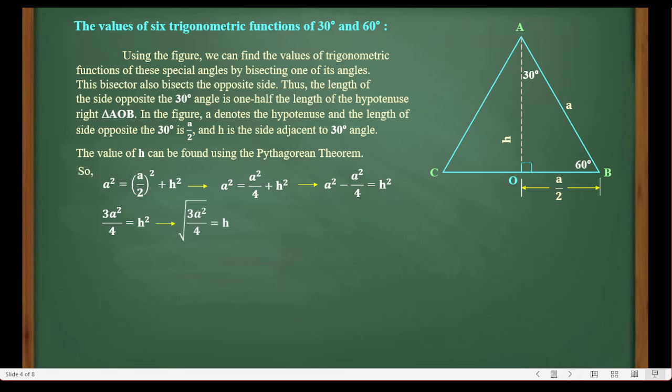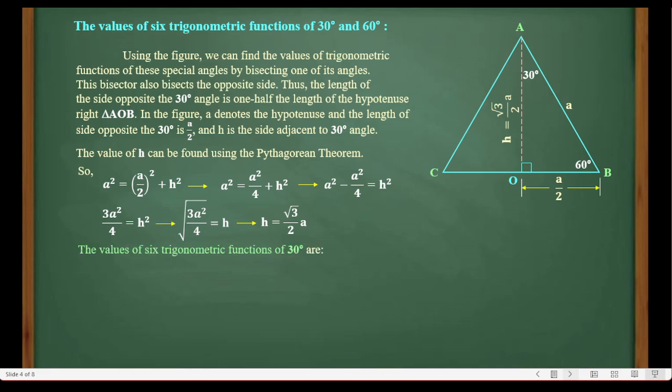And then you get the square root of both sides, so that we can find the length of this side denoted by small letter H. So you simplify this side, you have H equal to square root of 3 over 2 times A.